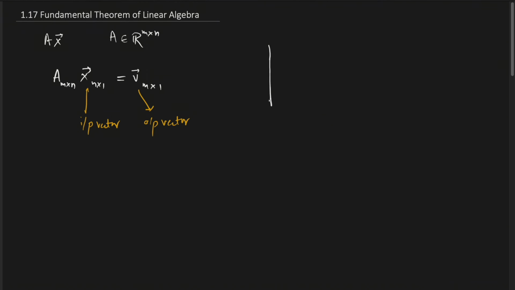You have this xy plane, the R2 plane, and you have this x vector, and this got transformed to this v vector by the transformation A, which is an m cross n transformation, right? So this vector x is coming from the input vector space, whereas this vector v is lying in the output vector space.